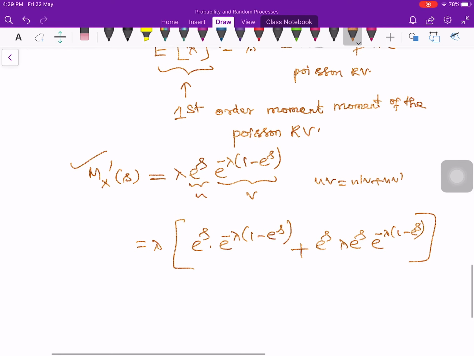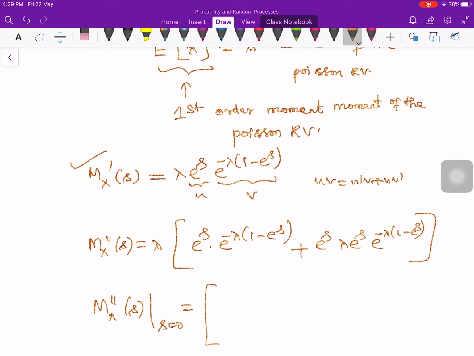Now substitute s equal to 0, and by the way this is M double dash of s, the second derivative of M_X at s. Substitute s equal to 0. Here this lambda is outside. So e to the 0 plus e to the 0. I directly wrote the answer, or you can substitute the value and get the result. 1 minus e to the 0 plus e to the 0 plus lambda e to the 0 plus e to the minus lambda times 1 minus e to the 0.